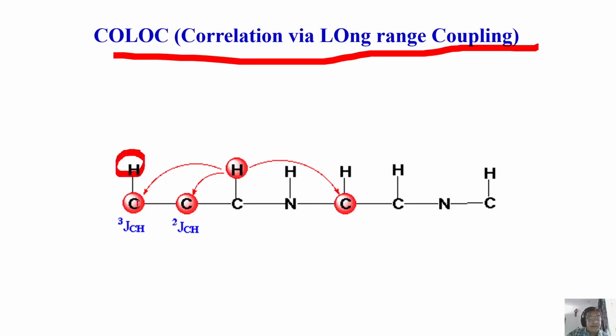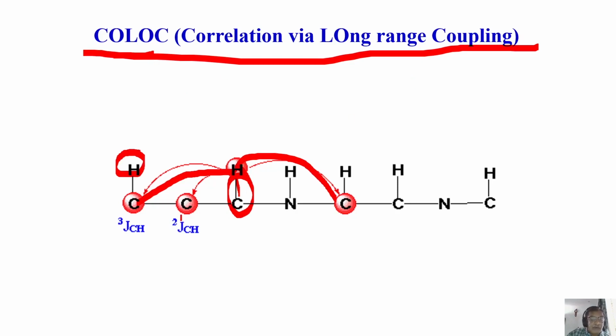But now this carbon can correlate to this proton, and this can correlate to this carbon. And this correlation we can subtract, we can eliminate that and do an experiment where we can get a correlation peak only for the carbons which are coupled to remote protons. That is also possible. That type of experiment is called a COLOC experiment, correlation via long-range coupling.